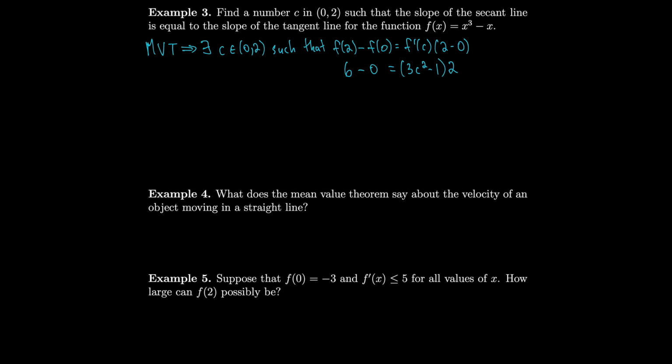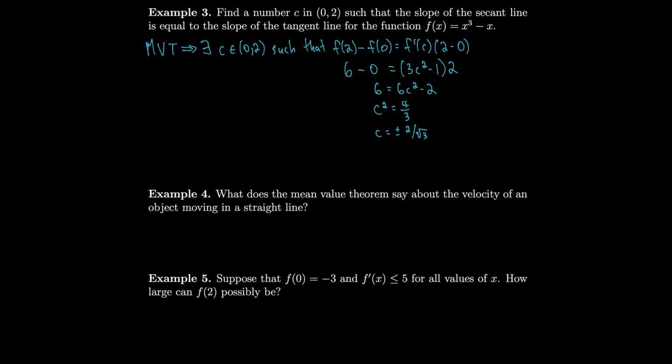Okay, we can simplify this, so we have 6 equals 6c squared minus 2 by distributing. And then we solve for c. First we solve for c squared, and we get c squared is 4/3. So that means that c is equal to plus or minus the square root of that, so 2 over rad 3.